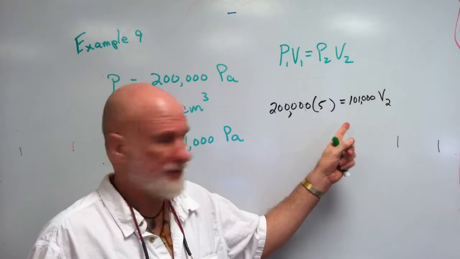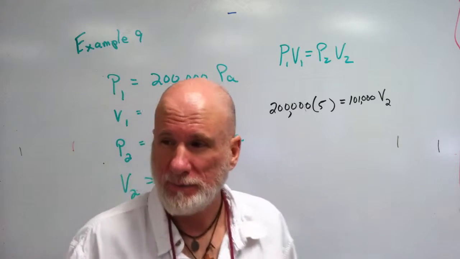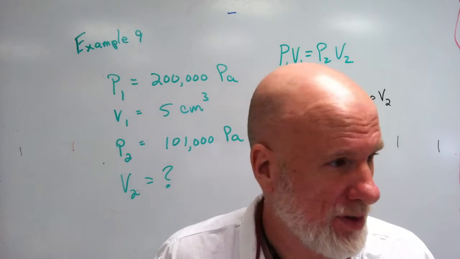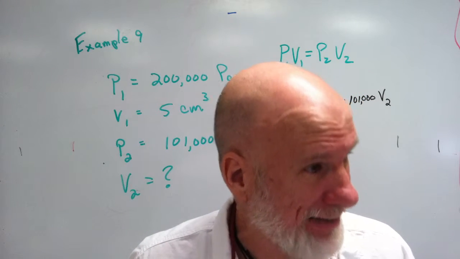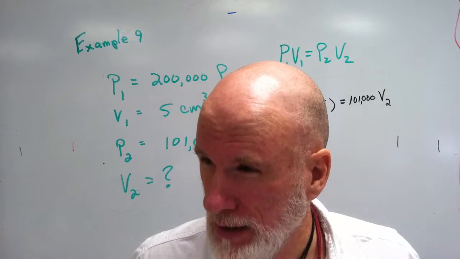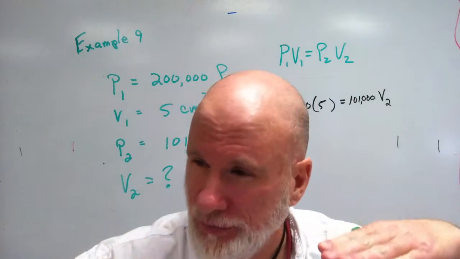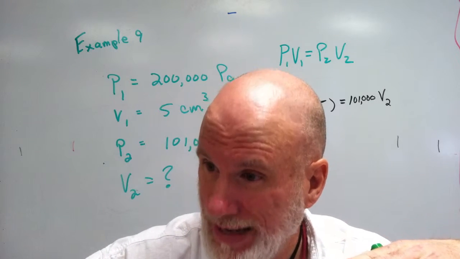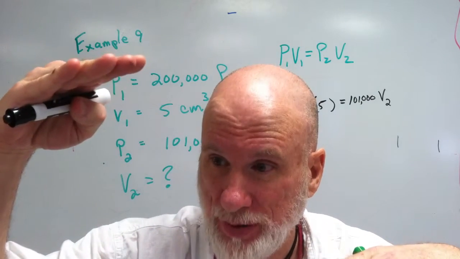200,000 times 5 divided by 101,000. Going to be what? 9.9. Going to be 9.9, which is about right, because you're kind of cutting the pressure in half. So you're going to divide the pressure by 2, so then you're going to multiply the volume by 2, which is the reciprocal.